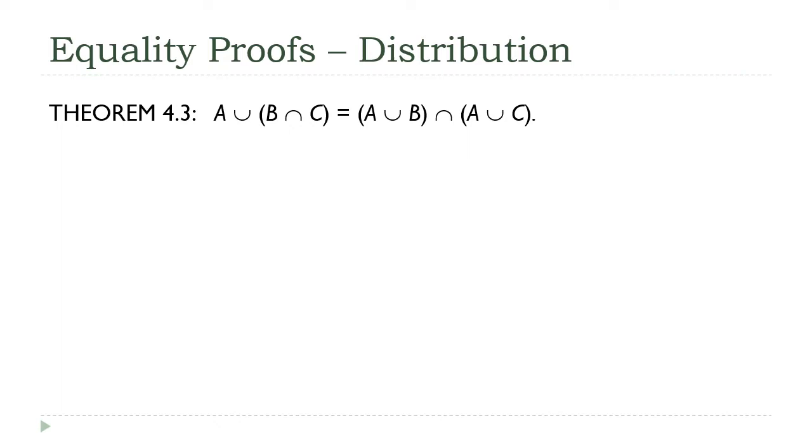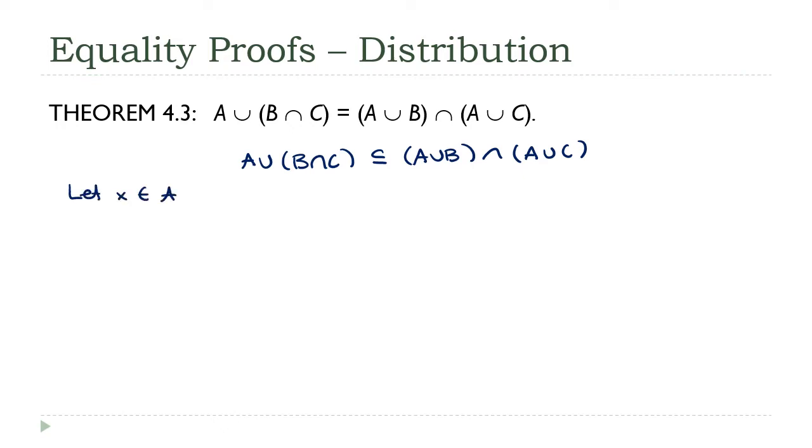All right, so what do I need to show? I need to show first A union B intersection C is a subset of this expression on the right. And we're going to follow a very, very familiar process for this. I'm going to say let X be an element of A union B intersection C. All right, so what does this mean?